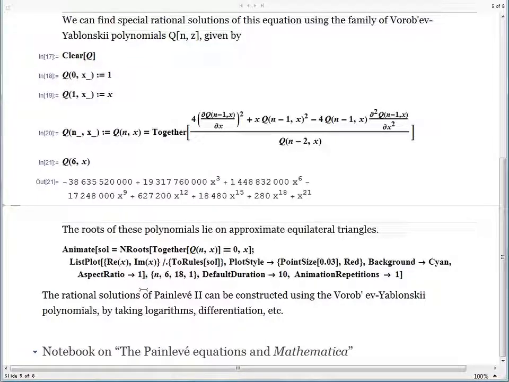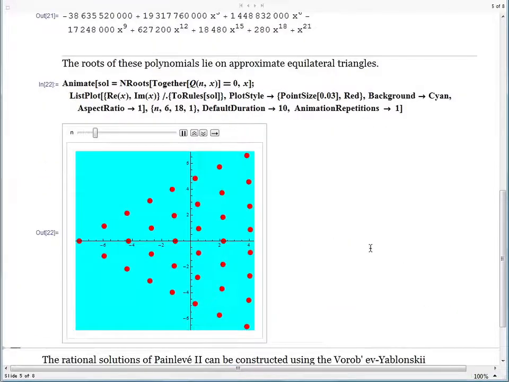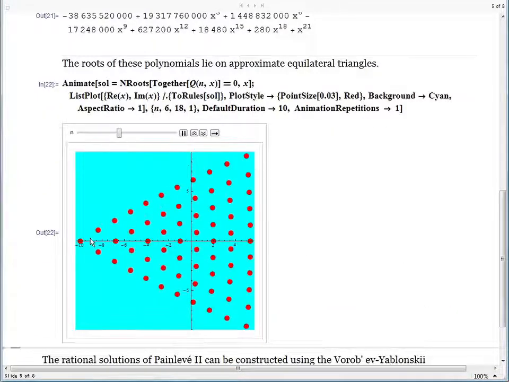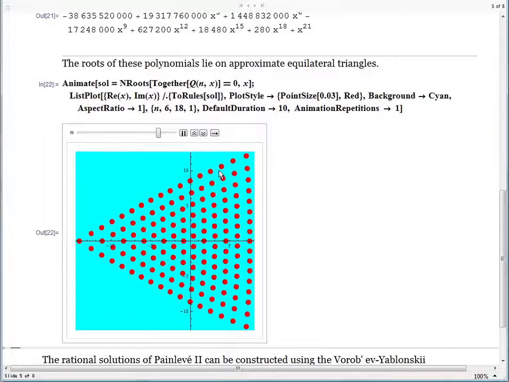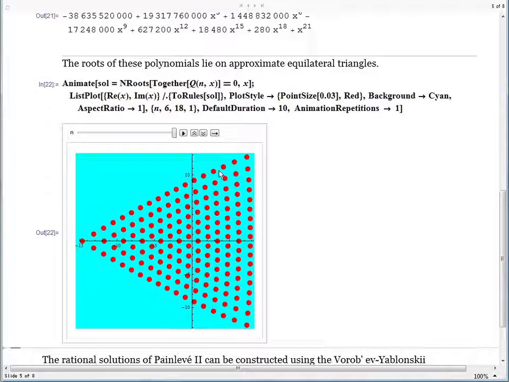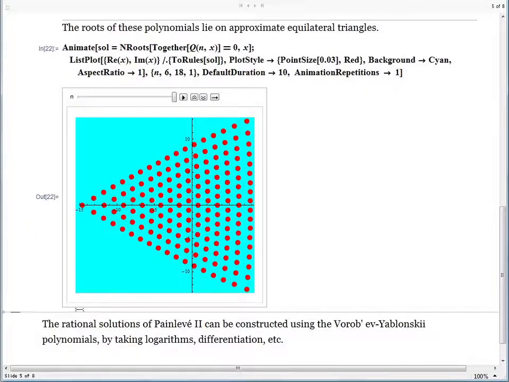So when I run this animation over here, what you see are the roots of the polynomials for different values of n, and you'll find that initially you have actual equilateral triangles, and then as time goes by, the sides of the triangles start to curve up. So let's run the animation over here, and you see initially you have exact equilateral triangles, and then as time goes by, the sides will start to curl up, and you only have approximate equilateral triangles. So starting from these polynomials, you can actually obtain rational solutions of Painlevé 2.